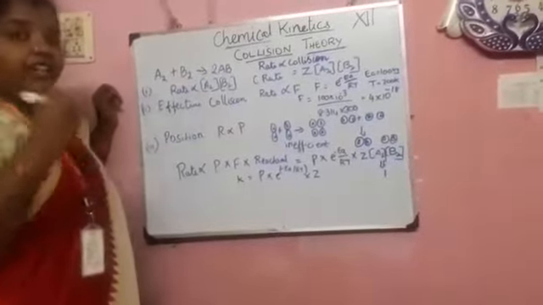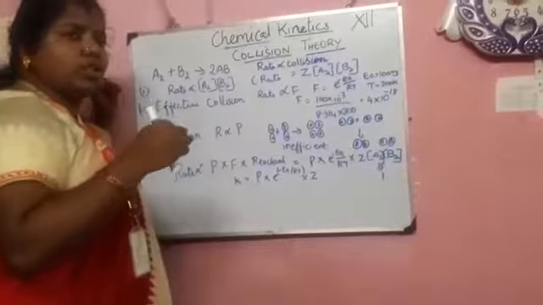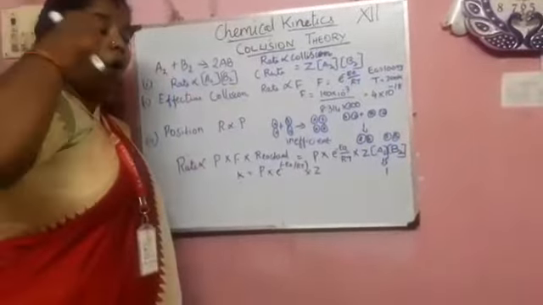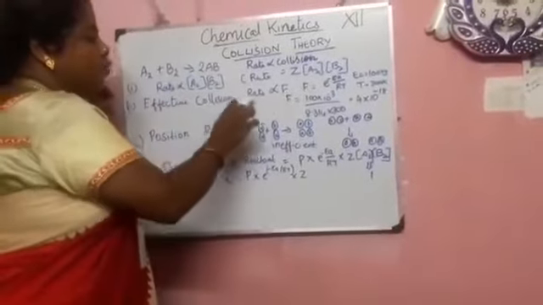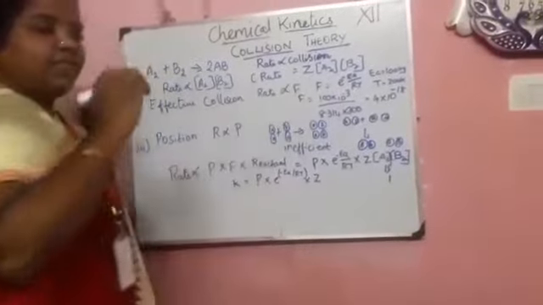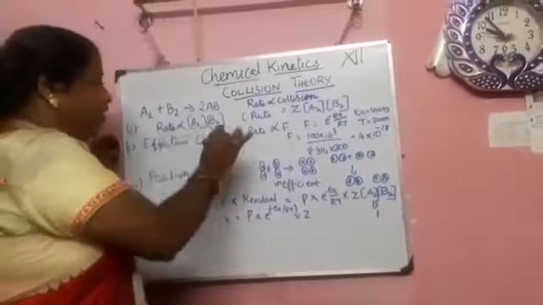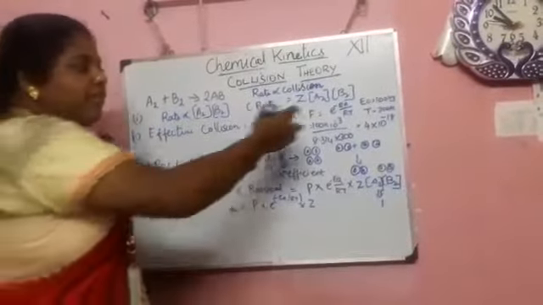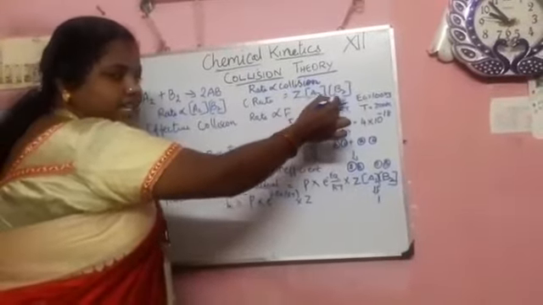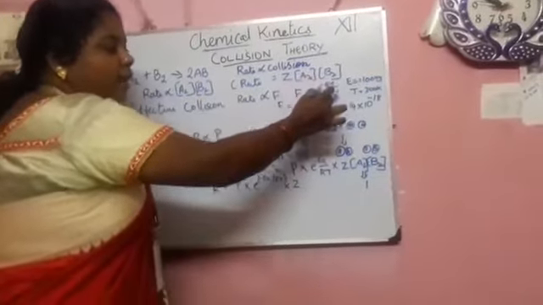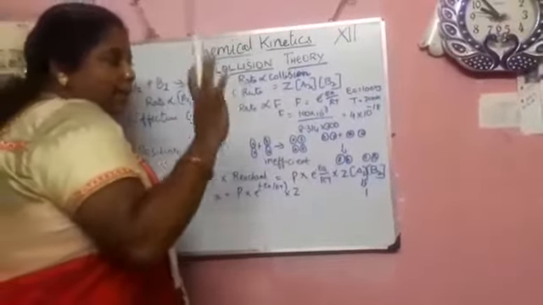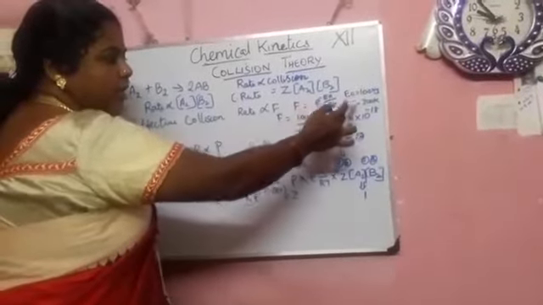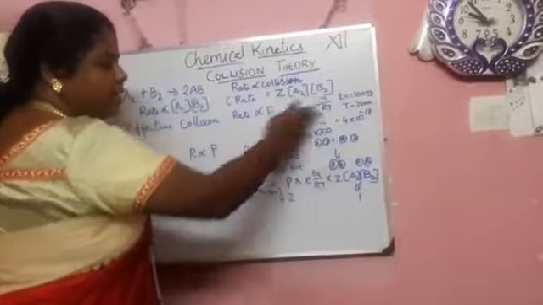Second one is the effective collision. Effective collision means that just bombarding is not enough; it must collide effectively. The rate is directly proportional to F, the fraction of effective collisions, which is based on the activation energy: F equals e to the power of minus Ea by RT, where Ea is the activation energy, R is the gas constant, and T is the temperature. Suppose Ea equals 100 kilojoule and T equals 300.